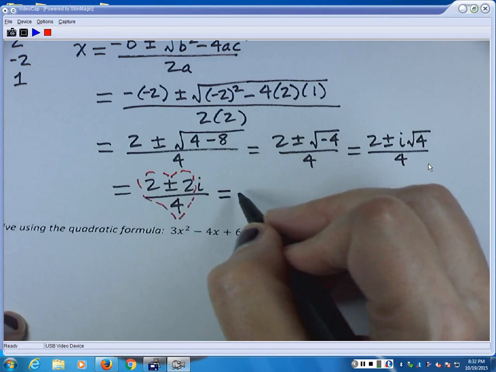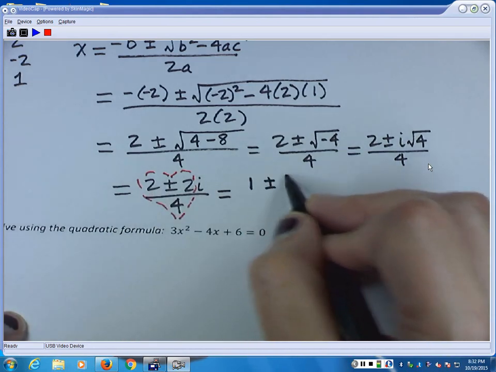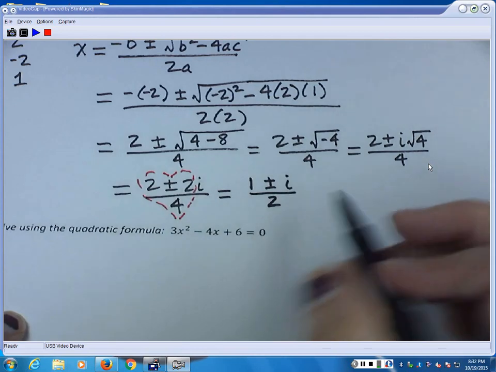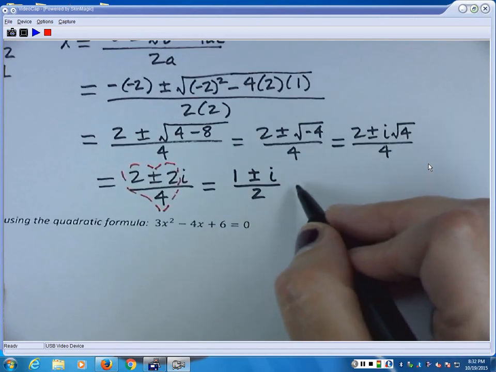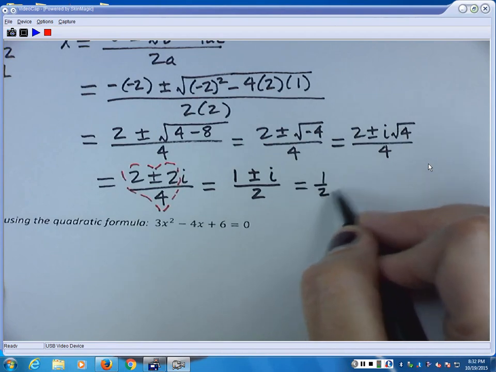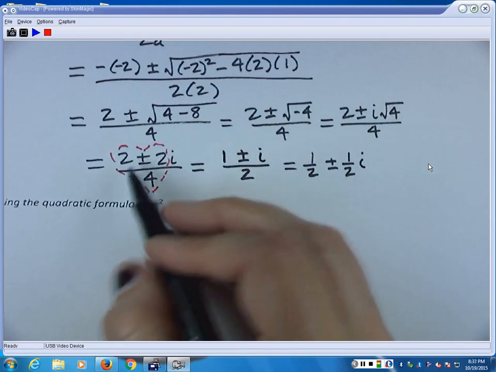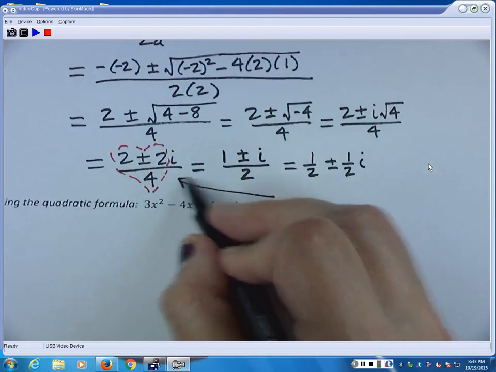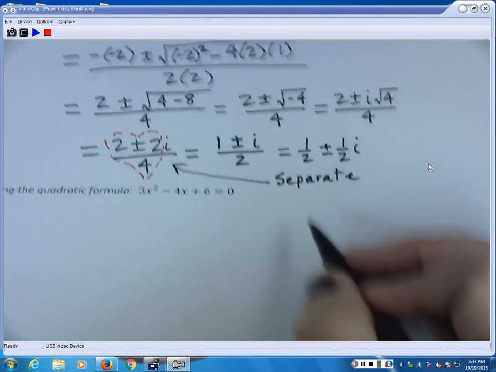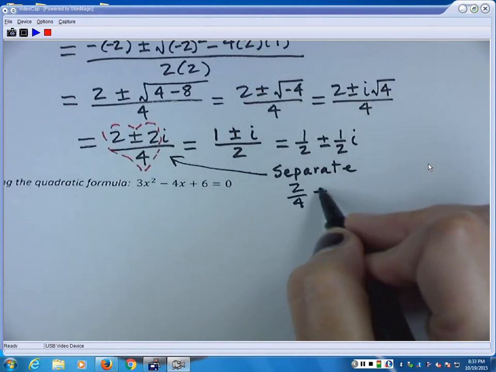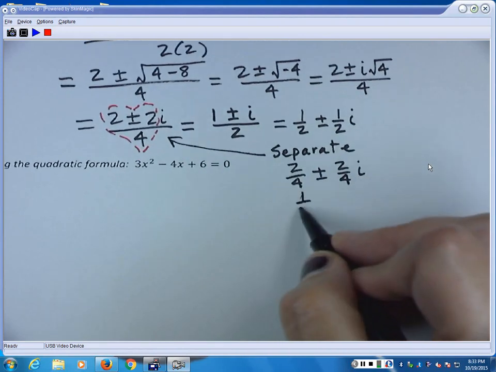So you get 1 plus or minus i over 2, or if you separate it now, it's 1/2 plus or minus 1/2 i. Or you could have separated right here: 2/4 plus or minus 2/4 i, and 2/4 simplifies to 1/2.